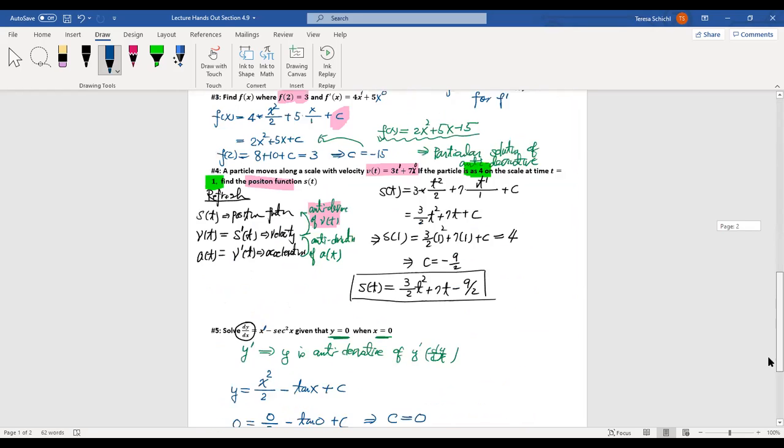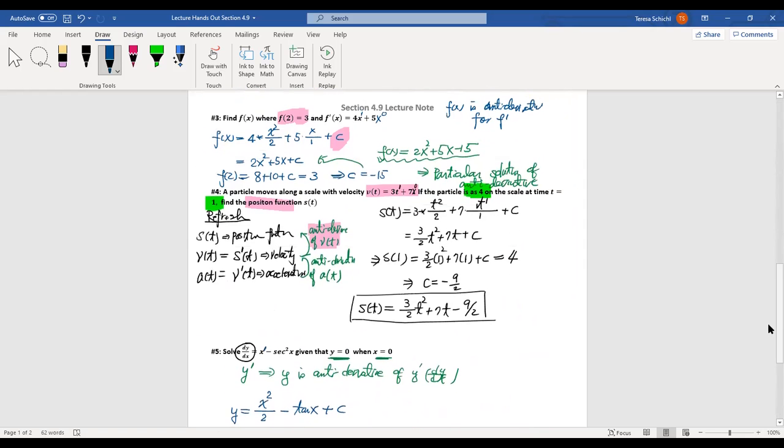And the last three problems we practiced: after you solve your antiderivative, they give you some specific value, and then you solve for the c. After you solve for the c, we call this antiderivative the particular or specific antiderivative.